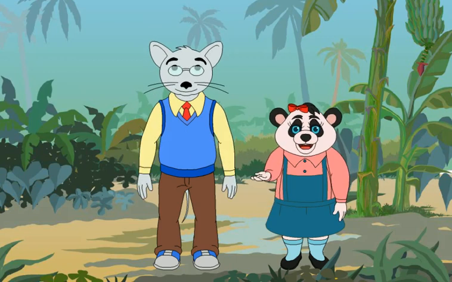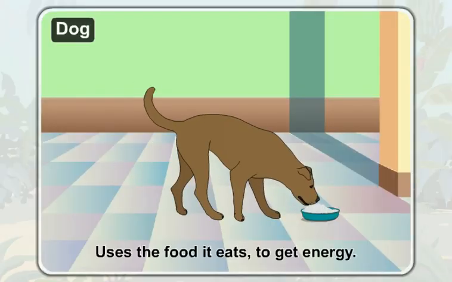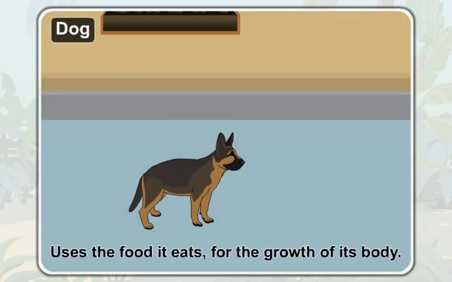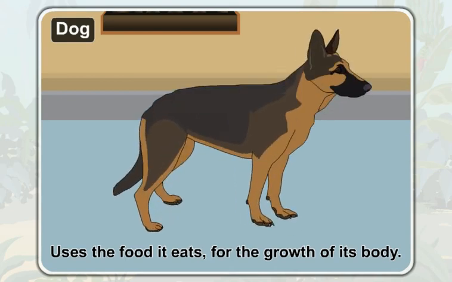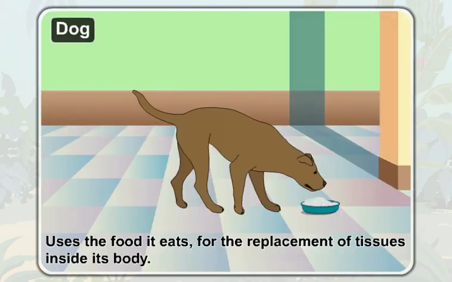It will soon die. A dog uses the food it eats to get energy. It uses the food it eats for the growth of its body. It also uses the food it eats for the replacement of tissues inside its body.